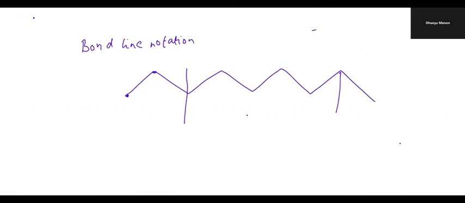All these tops of the mountains and these tips are all carbon atoms. So this is carbon, this is carbon, this is carbon, carbon, carbon. All these are carbon. And this is what notation? Bond-line notation. Okay. So let's number it.